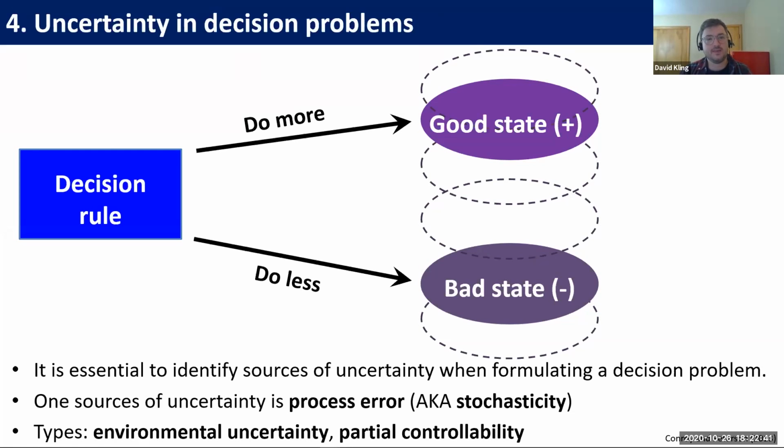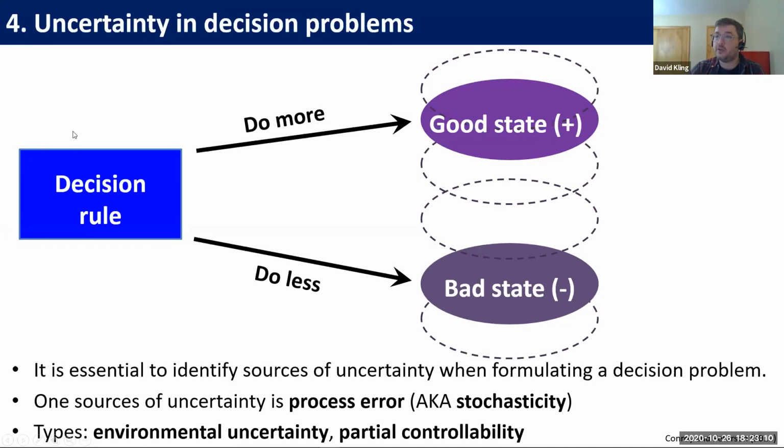So usually the easiest form of uncertainty, despite its huge breadth, to talk about when we get into this stuff is what's usually called process error. In economics, it's more common to see the label stochasticity applied.